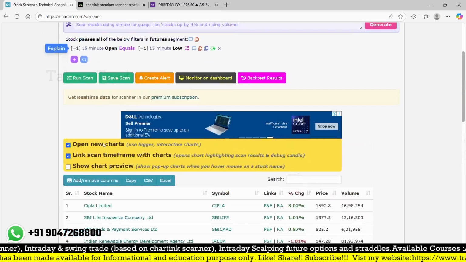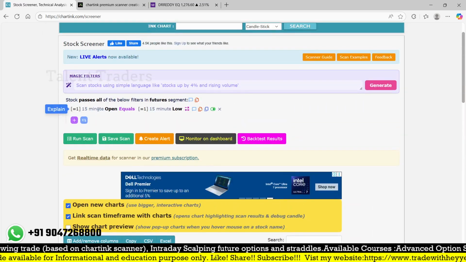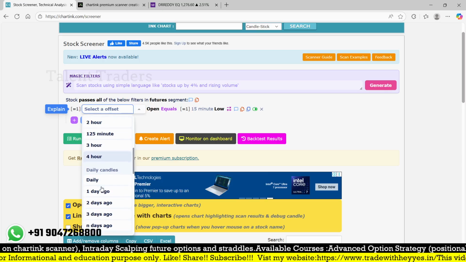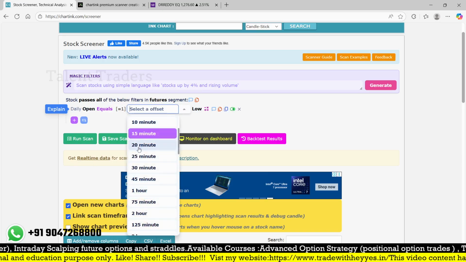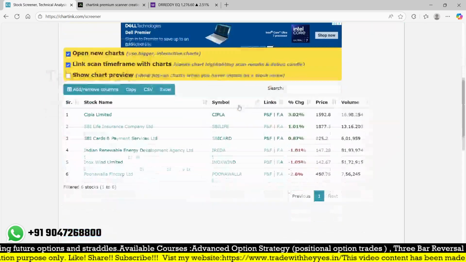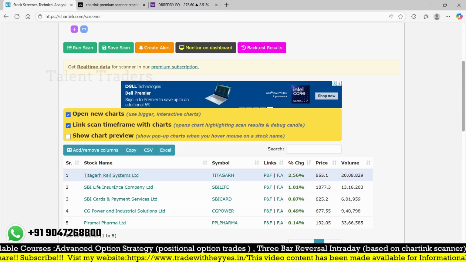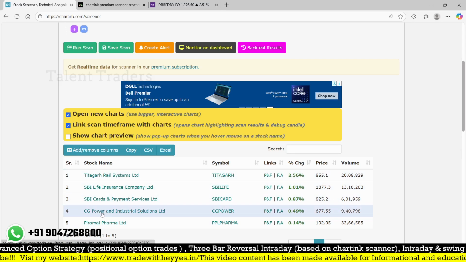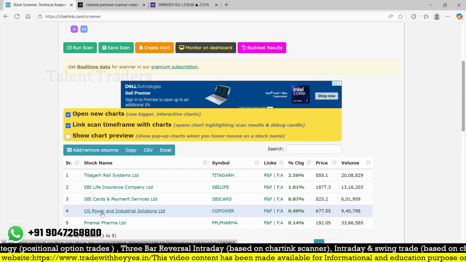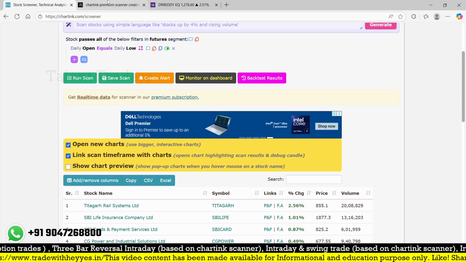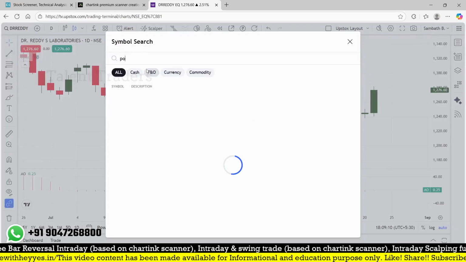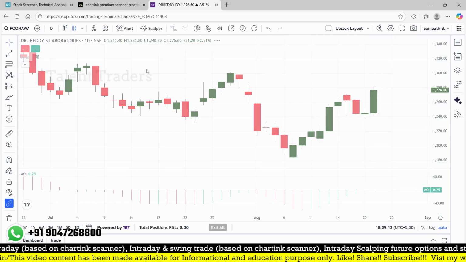6 stocks. Okay, but if I'm using the daily basis, how many stocks? At the opening itself, these are all the stocks forming an open low, almost 6. But at the end of the day, only 5. One stock would be removed from the list. That means maybe in the middle of the day it was broken. I think Ponwala, right? So let me check this one.